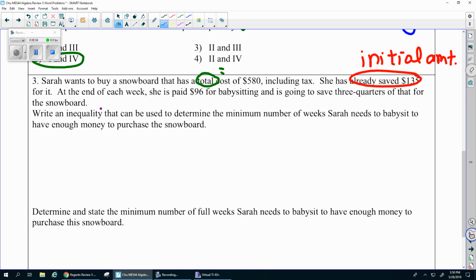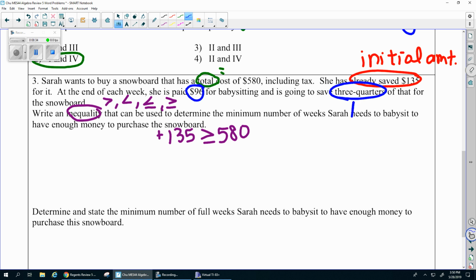Okay, I know it's an inequality, so I need to use one of these inequality symbols. Total cost of $580, okay, so if she needs $580, I want greater than or equal to 580. That's how much money she needs to buy the snowboard. She already has 135, so let's write that in. And how much is she saving every week? Well, every week she gets $96, and she's saving 3/4 of that.